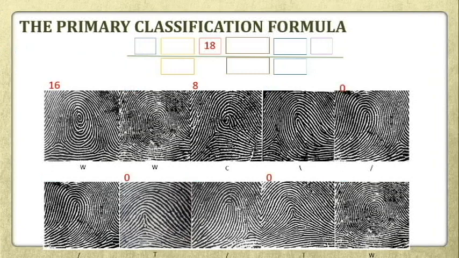In our denominator, we have 16 plus 8, that is 24, plus the constant value of 1, that is 25. So our denominator for the primary classification is 25. So our primary classification is 18 over 25.